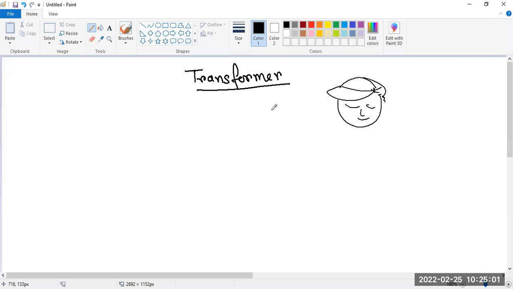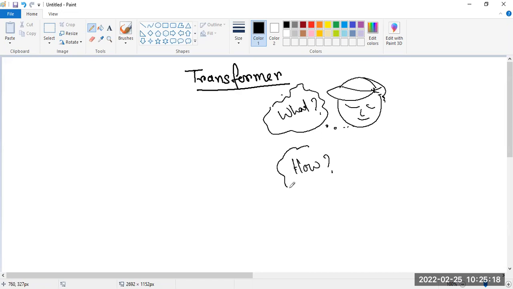So what is transformer? What? Okay, then how it is working, that is called working principle. And then why?